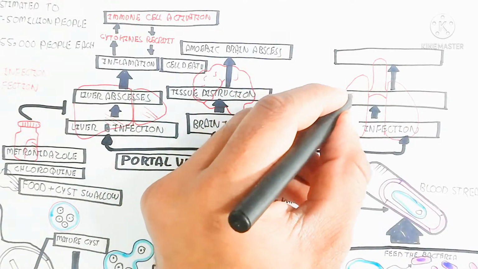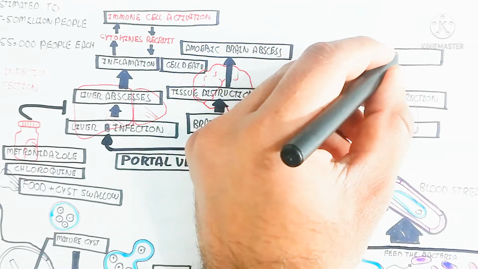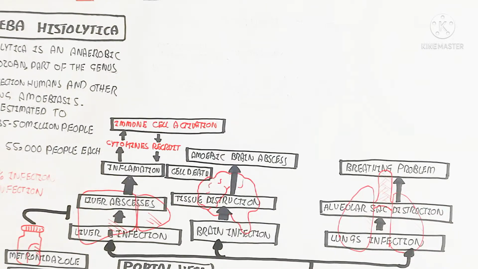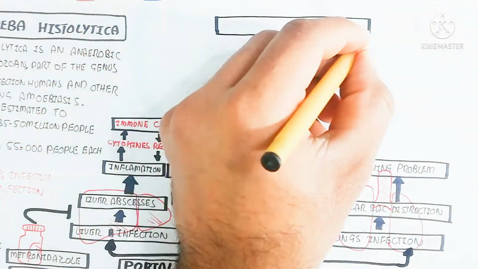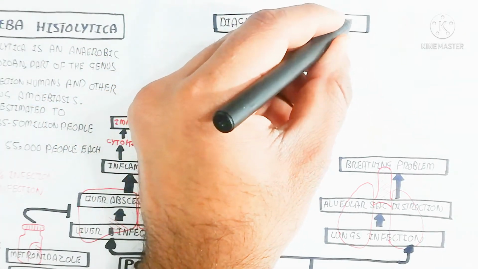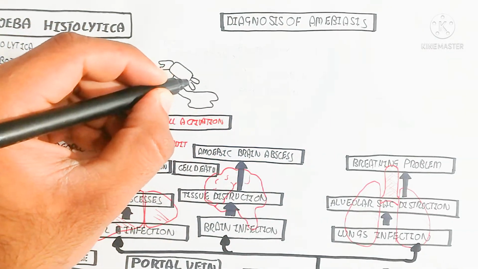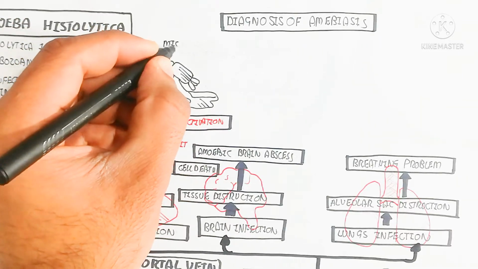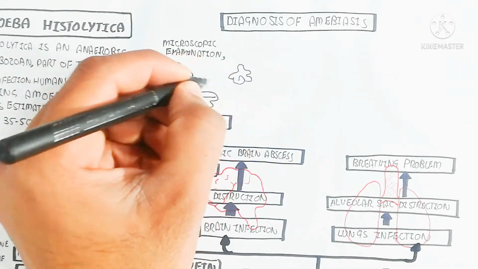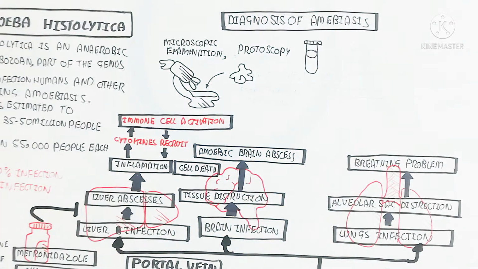Now let's begin to understand the diagnosis of amoebiasis. Amoebiasis is the infection collectively caused by Entamoeba histolytica. For diagnosis we can use microscopic examination of feces, and tissue examination through a microscope. Proctoscopy is also used, a blood test can also be used, and feces antigen detection as well.